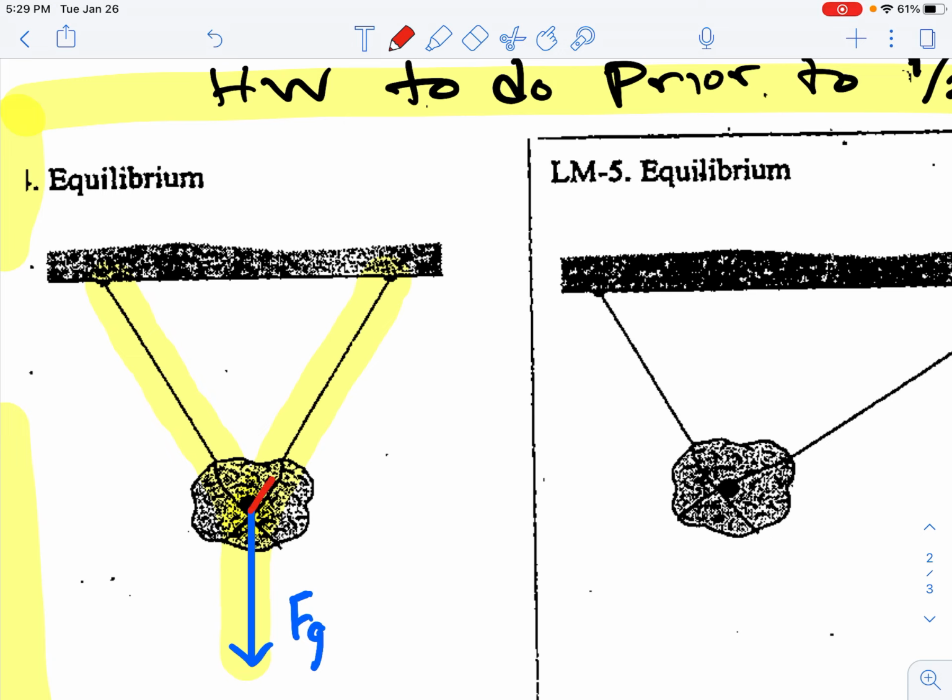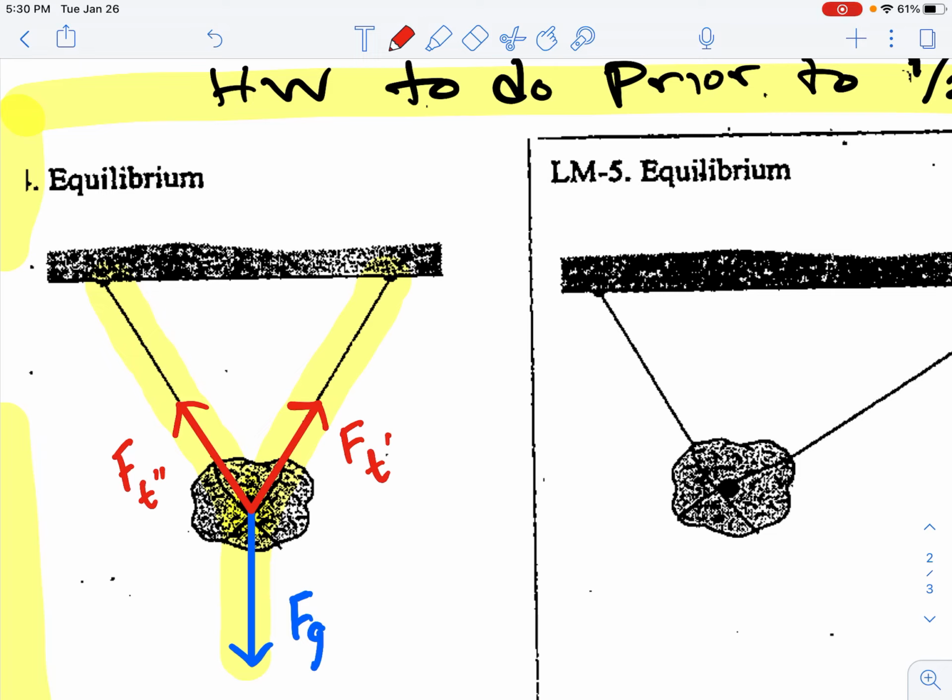I'm going to start here and come up with one force of tension, and we'll call that FT1. And then I've got to make another force of tension because of this other rope, and I will call this one FT2. You could put a number 2 or 2 little tick marks and all that stuff.